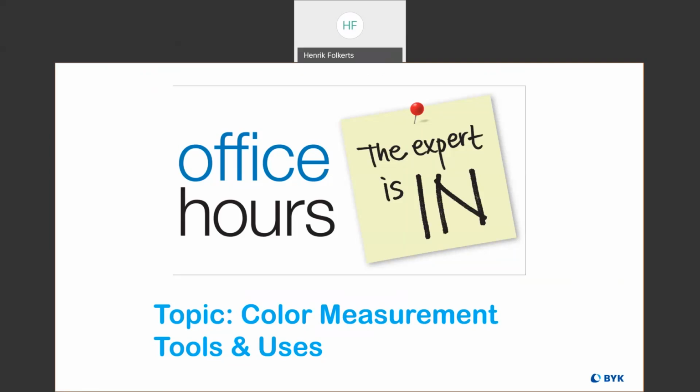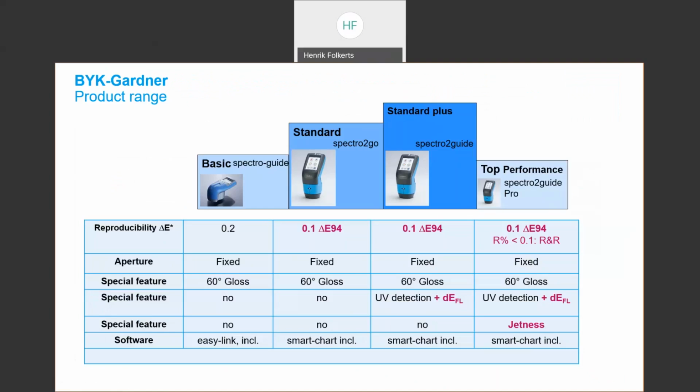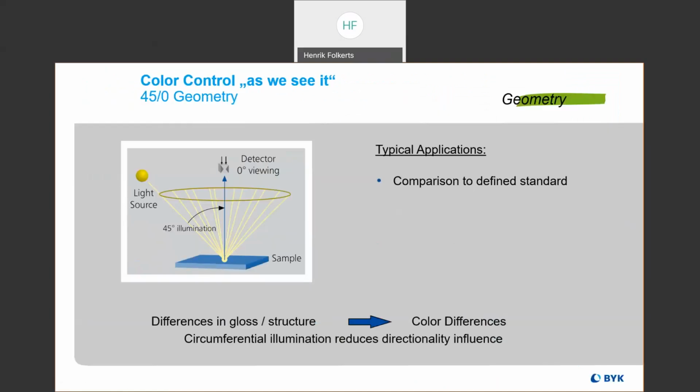This is in reference to the beginning of the presentation, Corey. Can you expand on the circumferential illumination, and does that mean I can use it on a textured surface? Yeah, so let me get back up. There we are. Okay, so this is for the 45-0 instruments, where 45 stands for the angle of the light source.